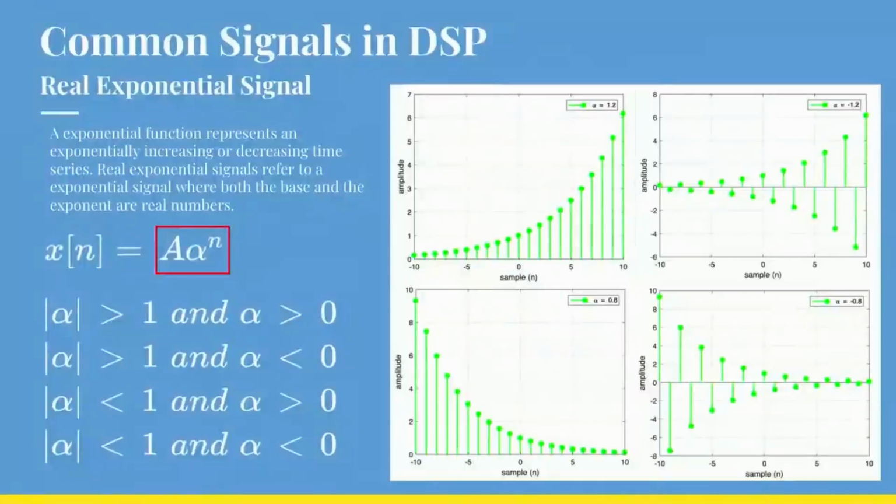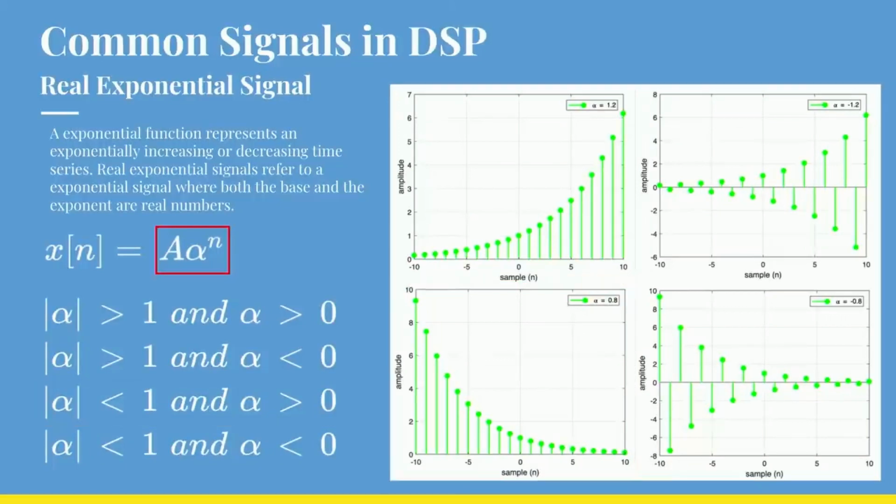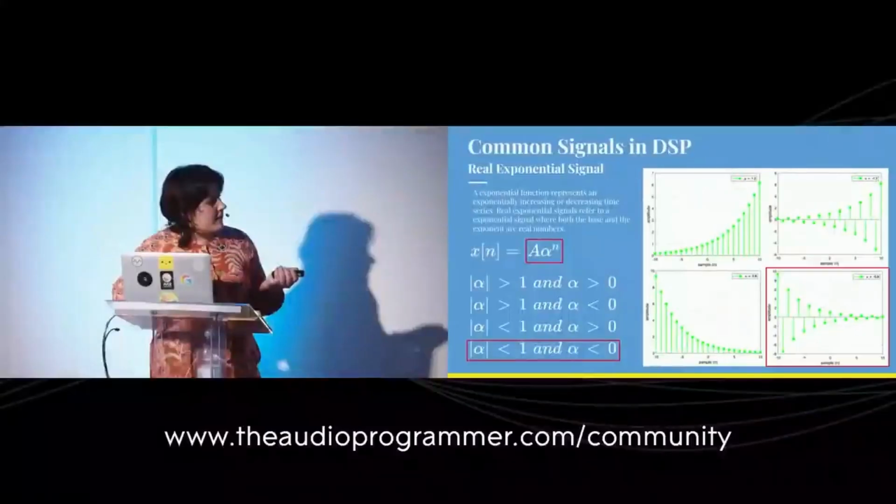When the value of alpha is smaller than 1 and alpha is positive, we have this decaying exponential. And when the value of alpha is smaller than 1 and is negative, we have this oscillating exponential, but in the other direction.